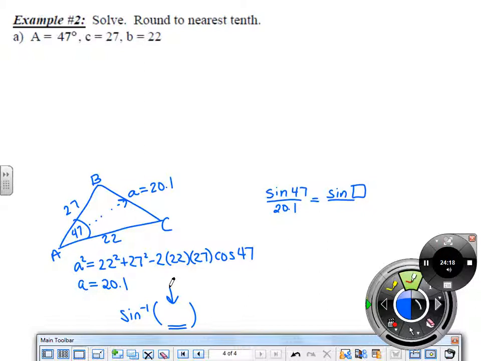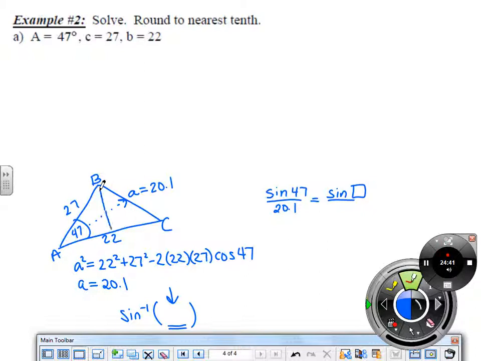So you all typed in whatever you wanted, but nobody got an answer over 90. That's because, and again, we'll talk more about this later, when we do the inverse function, it's restricted to choose things between negative 90 and positive 90, and we'll talk about what that is. That means if there's an angle bigger than 90 in my triangle, is my calculator going to come up with that answer? No.